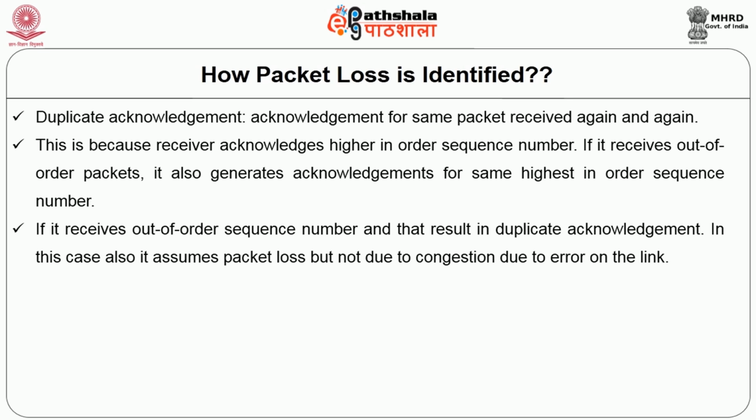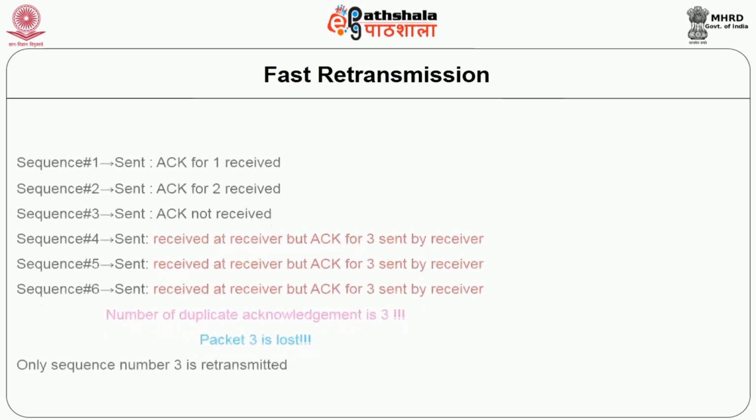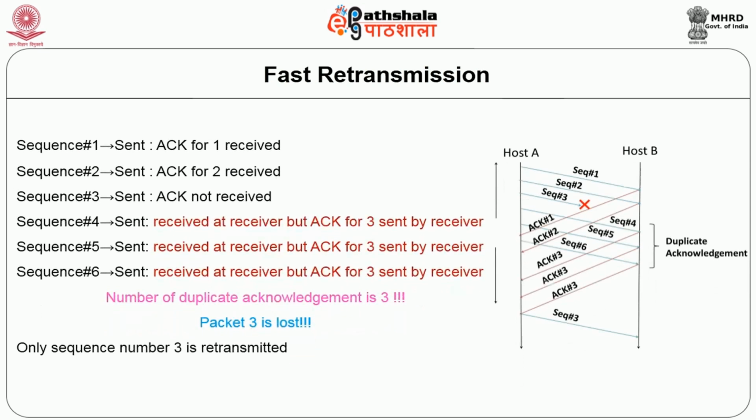Let us look at a small example of how duplicate acknowledgements are identified. Now suppose data segment 1, or the packet number 1, has been sent, acknowledgement received, then segment 2 is sent, acknowledgement received, segment 3 is sent, acknowledgement not received.